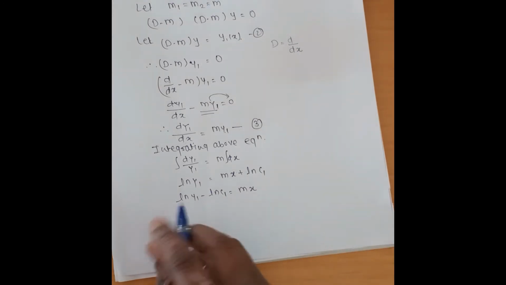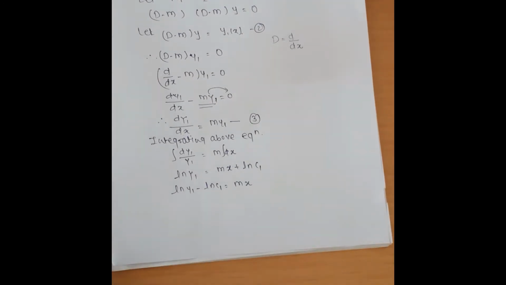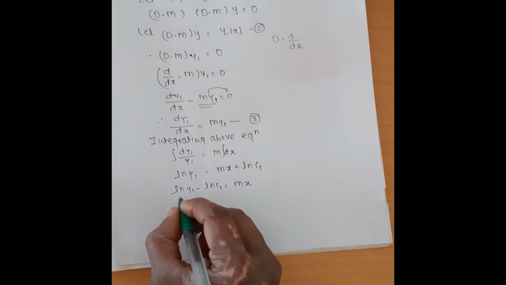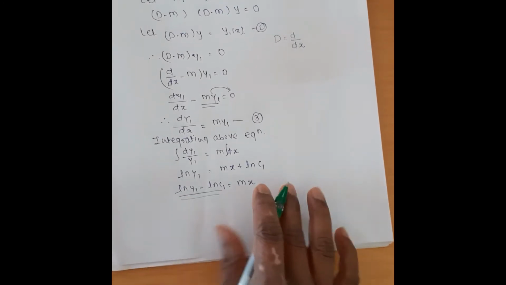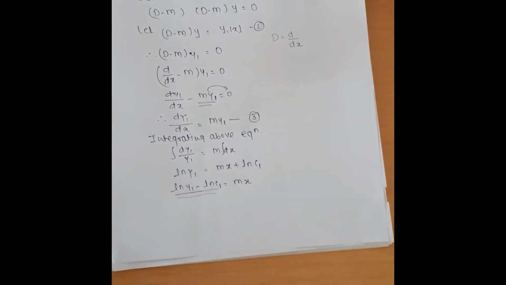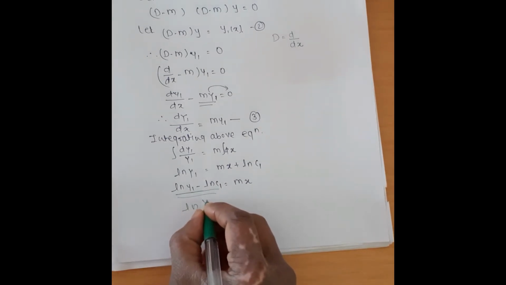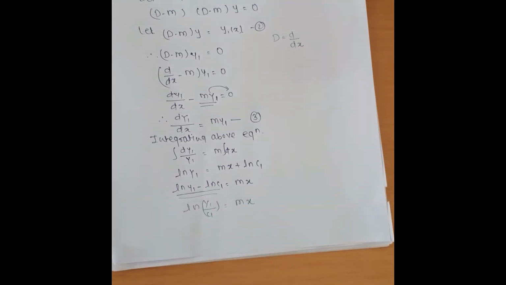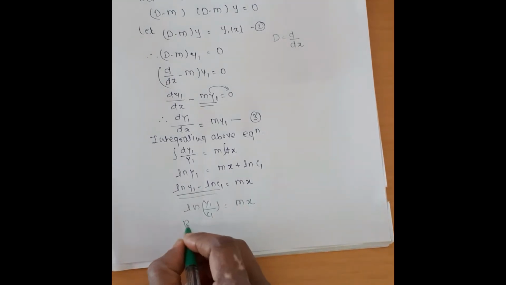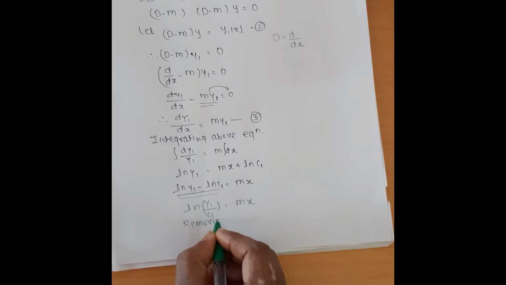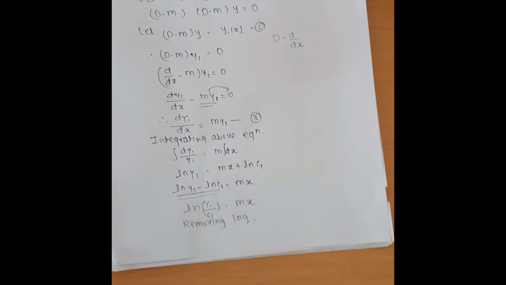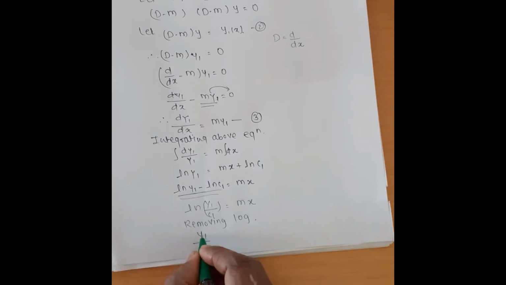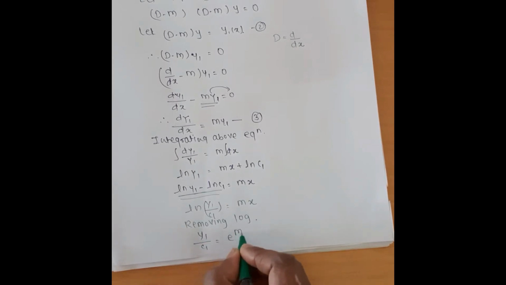Now according to the log property, this is written as ln of y1 upon c1 equals m x. Removing the log, it is written as y1 upon c1 equals e raised to m x. It is the same as the previous property, see here.